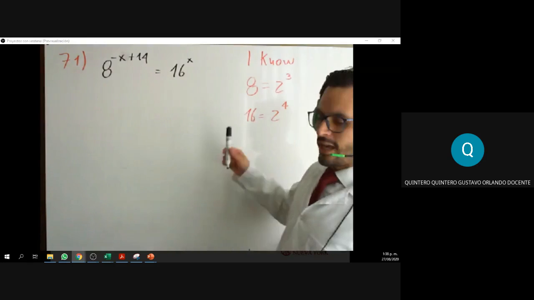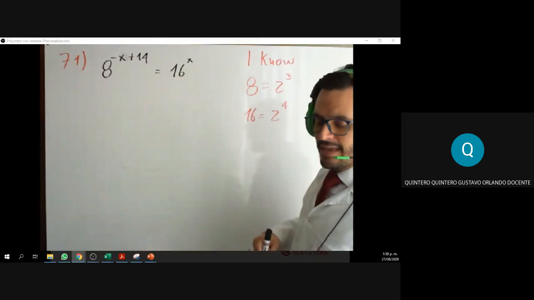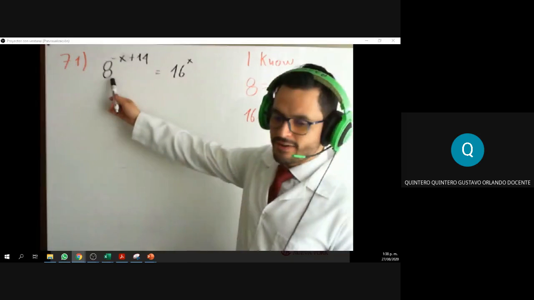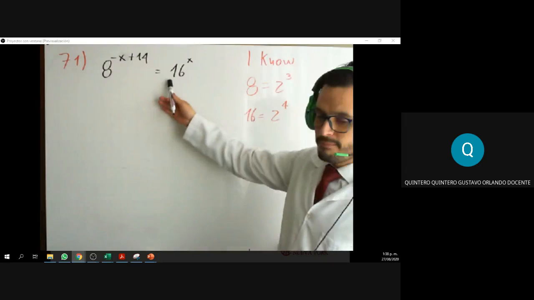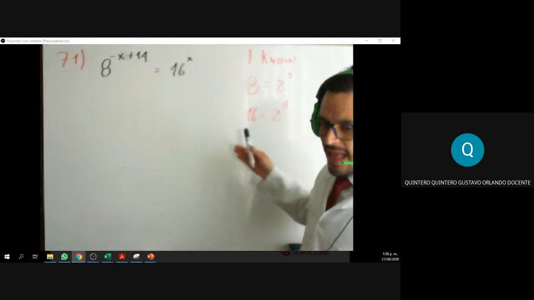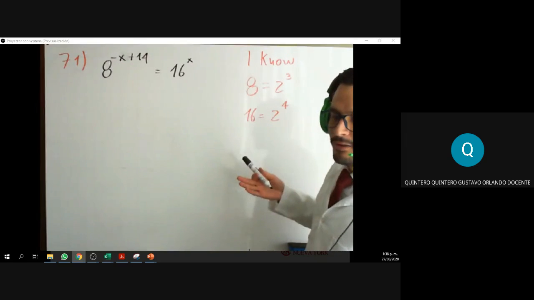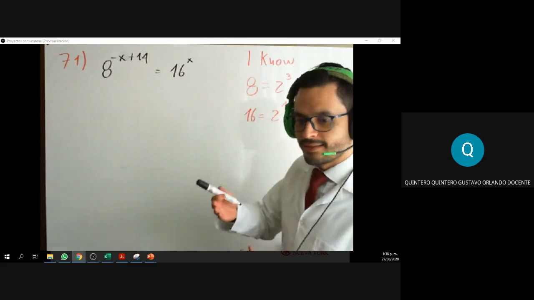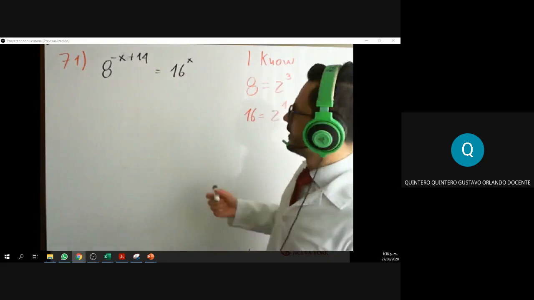All right, look, if I do this change, what is going to happen is that here, instead of a base of 8, I am going to have a base of 2. And here, instead of a base of 16, I'm going to have a base of 2 as well. Meaning, now the bases are the same and we can cancel the bases. That's the idea, right? So let's do that change.